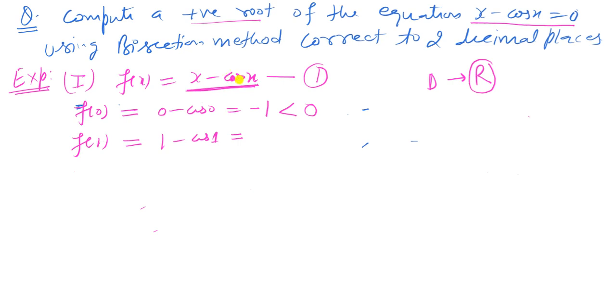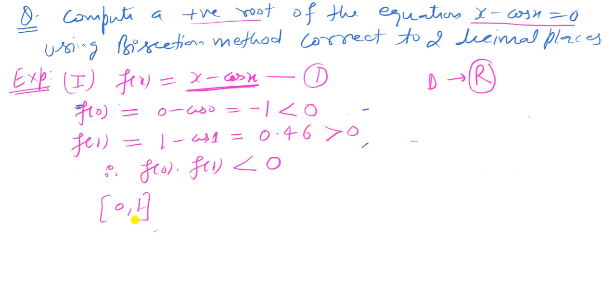So here 1 minus cos 1, that is this value is computed with the help of the calculator after converting the degree mode to radian mode, and this value is 0.46 which is greater than 0. So here f of 0 is negative, f of 1 is positive, and the product of the functional values is negative. It means the root is lying between the interval 0 and 1.